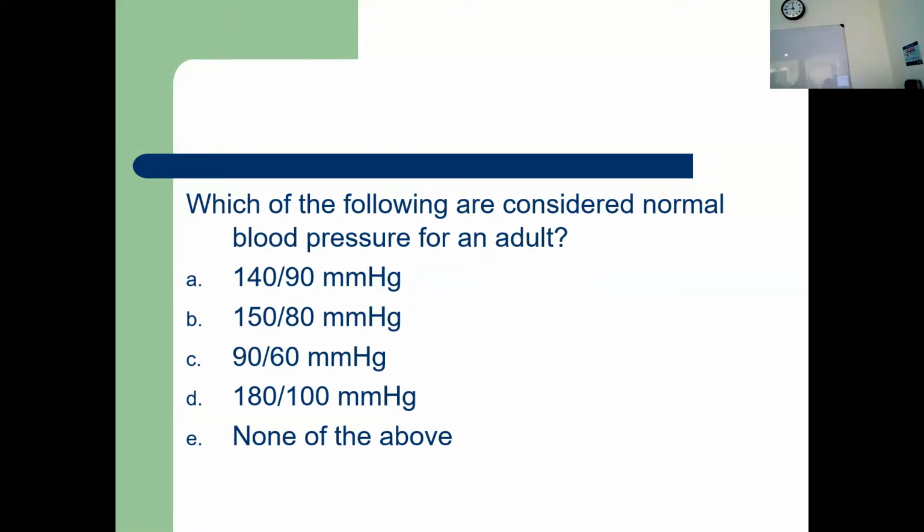So hypertension is considered 140/90 millimeters mercury. I think that's been lowered, but I'm going to continue teaching it like this until your textbooks change. So 140/90 and higher is considered hypertension.